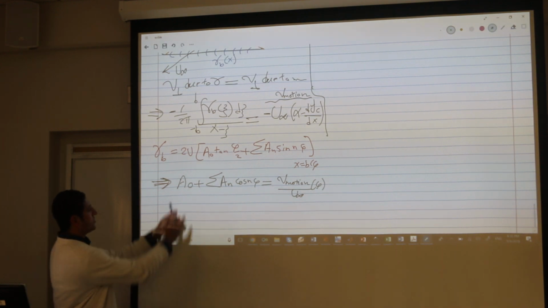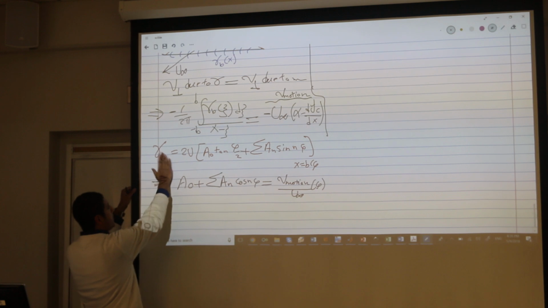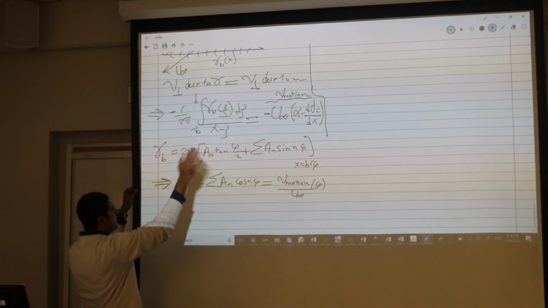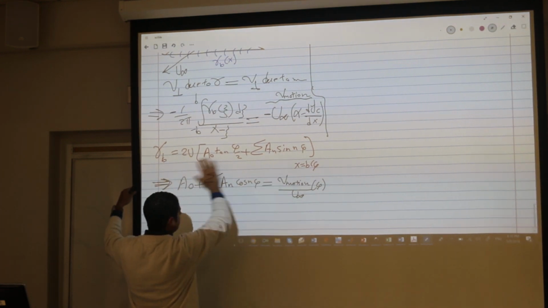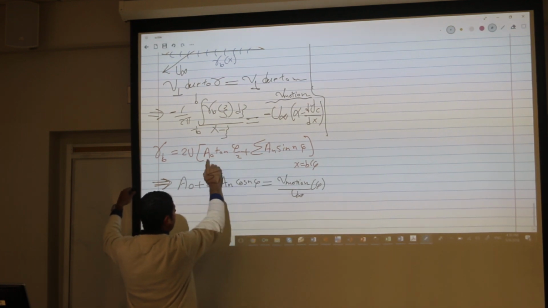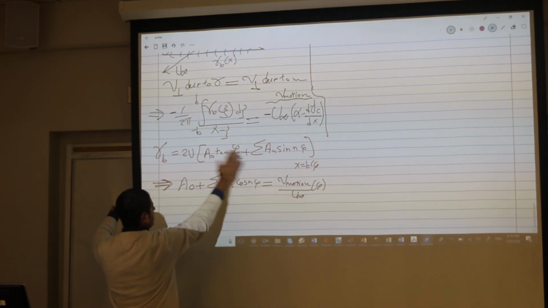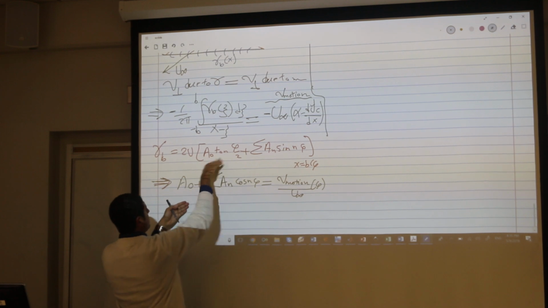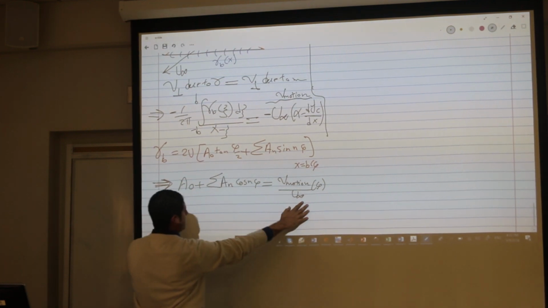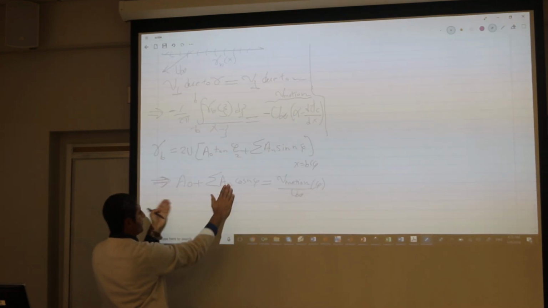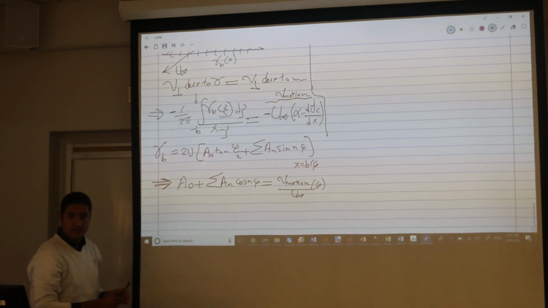So this was so easy. When you assume gamma bound is your unknown distribution, we assume the functional form but with unknown coefficients. So I need to determine the coefficients. When you substitute here, you get this equation. Hopefully this equation can tell you how to determine the coefficients, and it does. How?